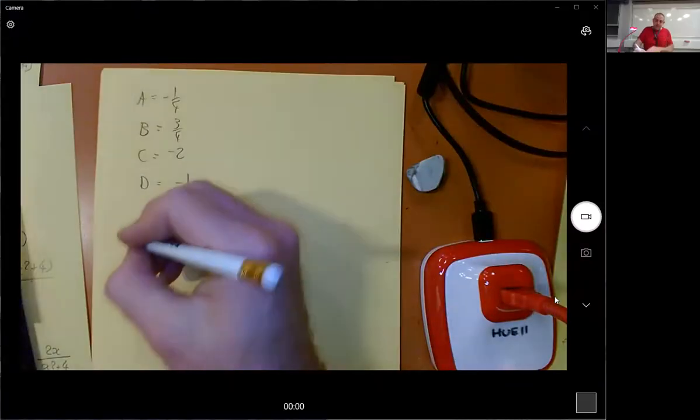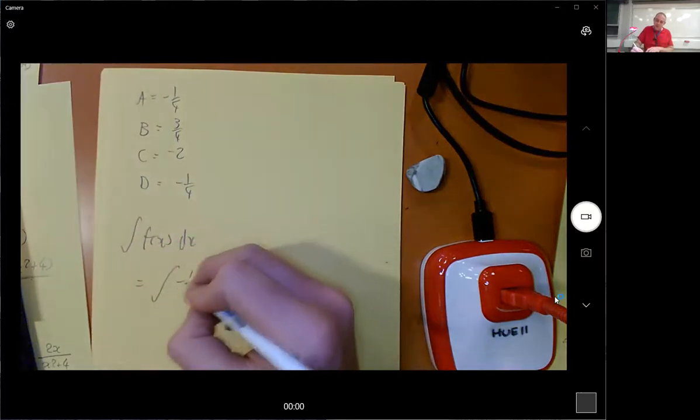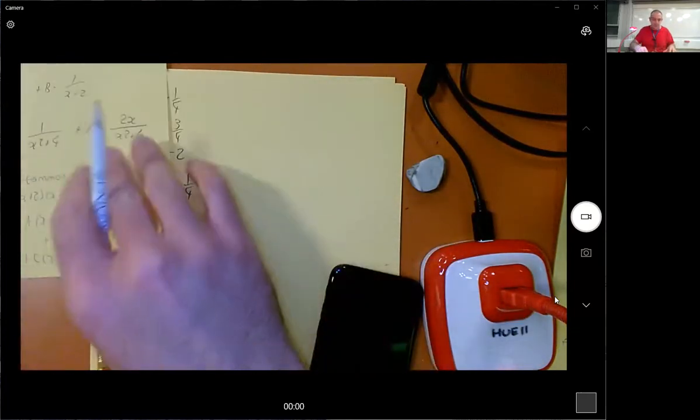And therefore, the integral of my function is actually the integral of minus 1/4 of, where's my function? Just a second. Here it is. 1 over x plus 2. No, that's the wrong one.